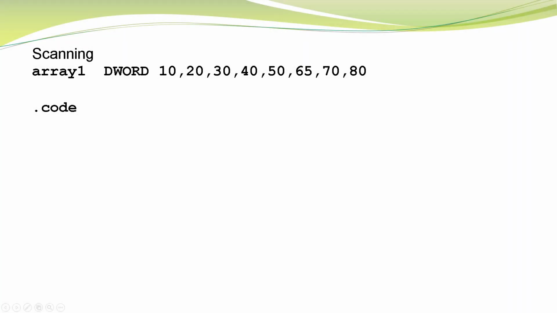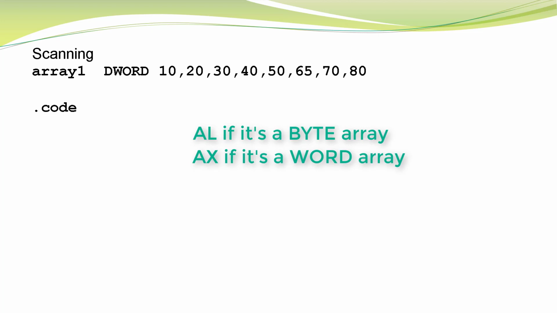The last set of instructions we're going to take a look at are the scan instructions. Now this group becomes really useful when we're looking for one value in a string or in an array of some sort. It's important to keep in mind that the thing we're looking for is going to be in the AL register or the AX register or the EAX register.